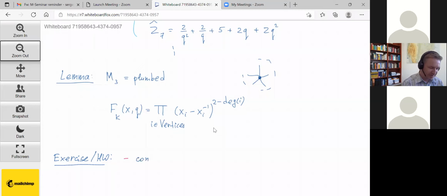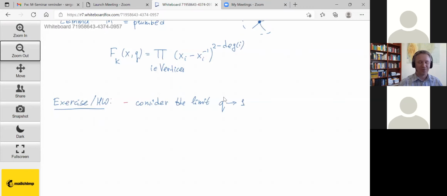It is, first of all, to consider the limit when q goes to 1. After all, if we have something that depends on q and is already invariant under Kirby moves, you can substitute some special values. So q equals 1, of course, is not guaranteed to be a nice value, because I said that things are convergent inside the unit disk, so potentially they might be divergent and so on.